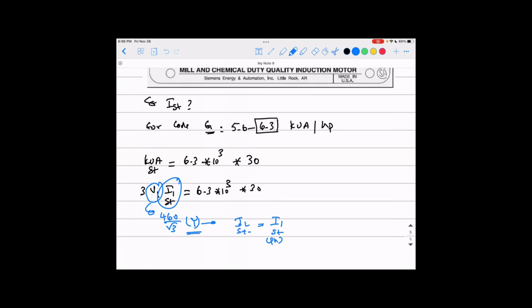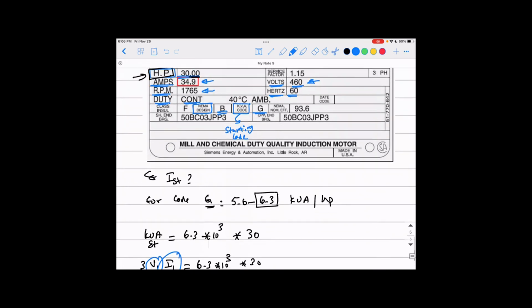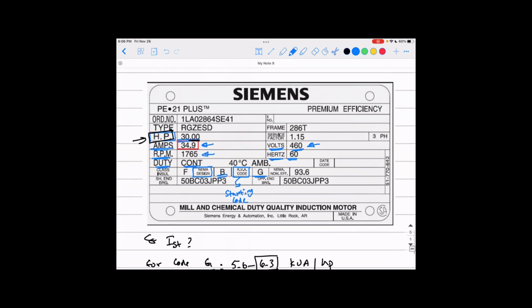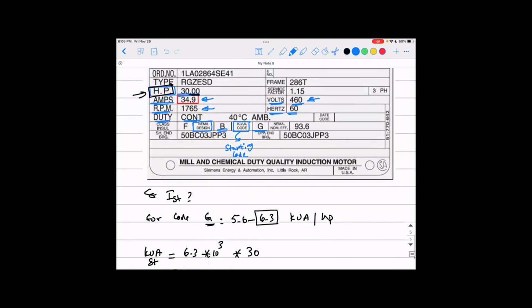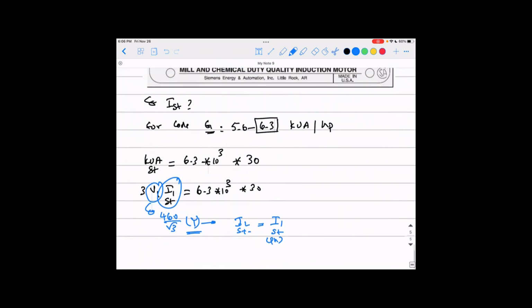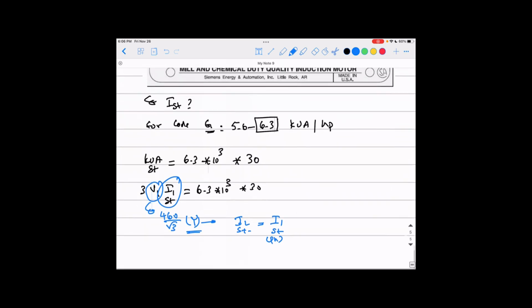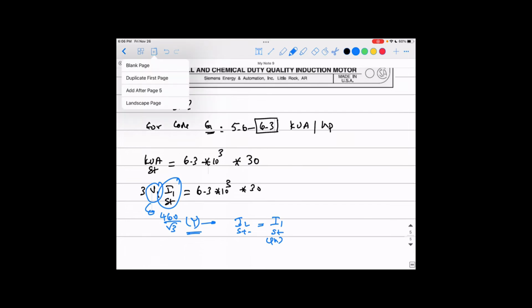So that's how you can find the starting current of the motor without the need for the equivalent circuit, if you have the nameplate data for this motor, which is basically the starting code and the rated voltage. You can just use this table to find out how much current the motor can draw at starting.